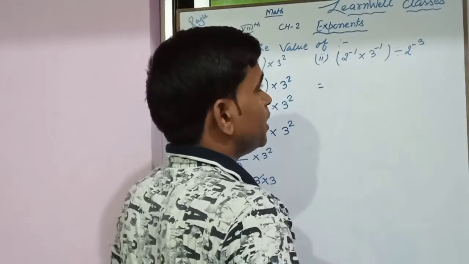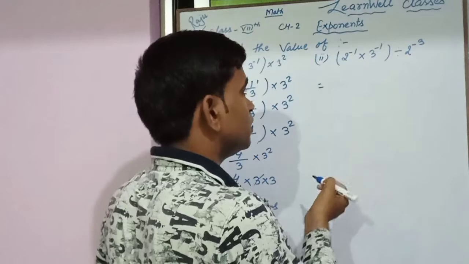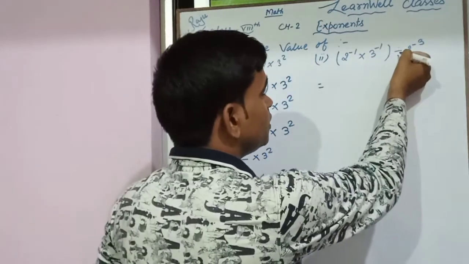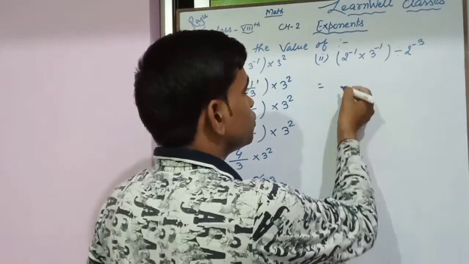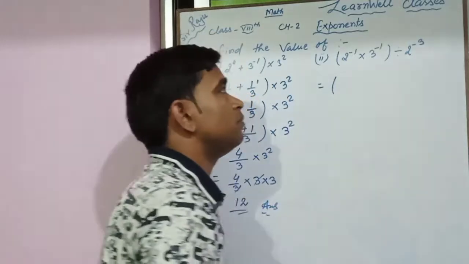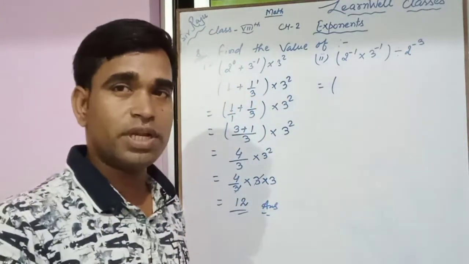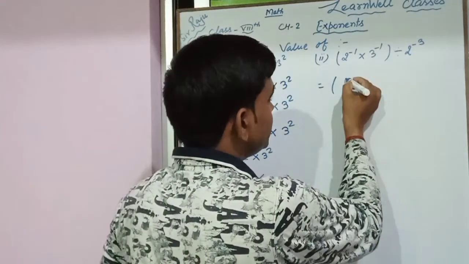2 raised to the power minus 1 into 3 raised to the power minus 1, divided by 2 raised to the power 3. So we have the solution that 2 raised to the power minus 1, when the exponent is in negative form, will be changed into reciprocal.